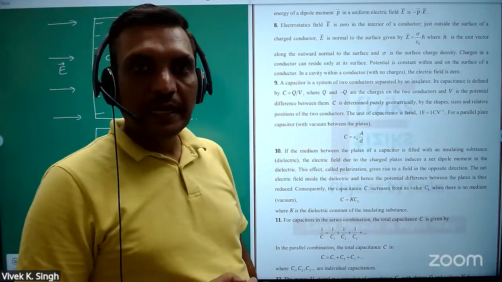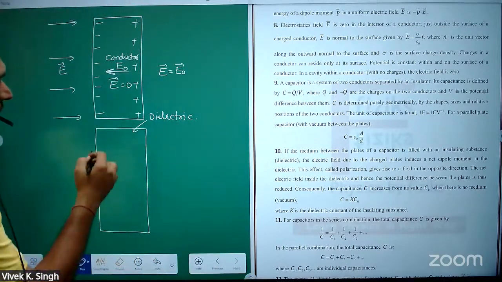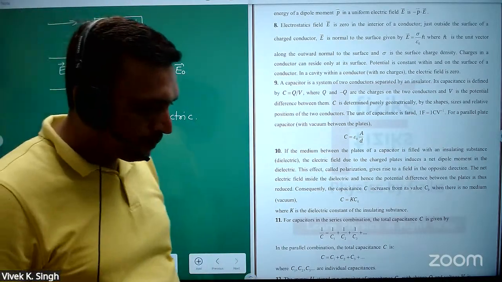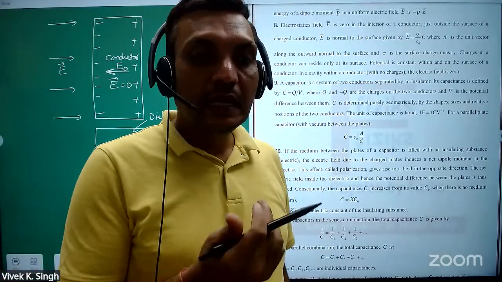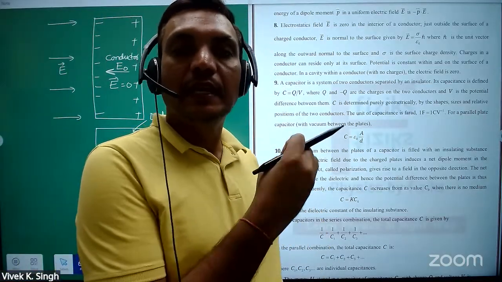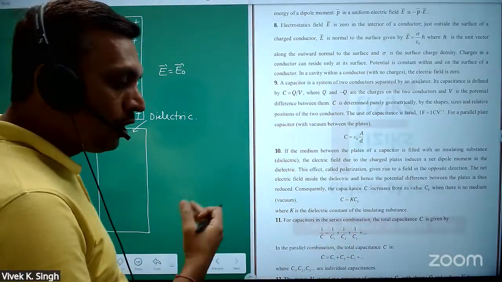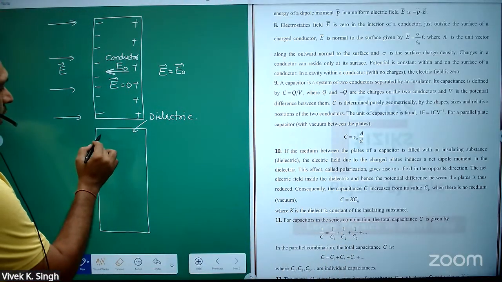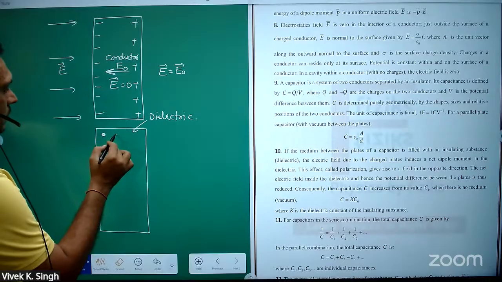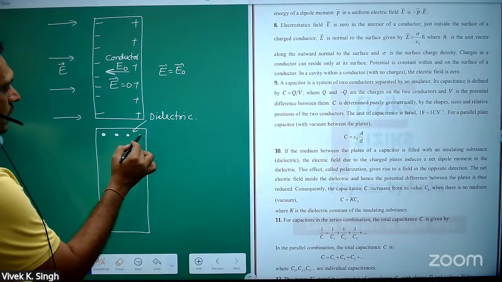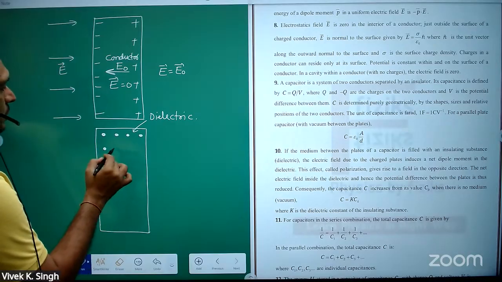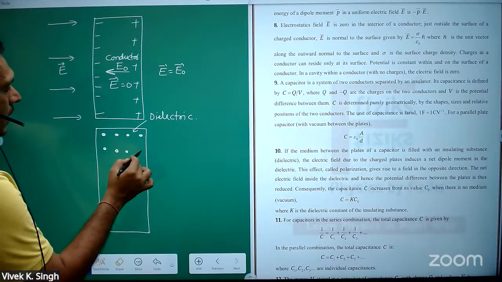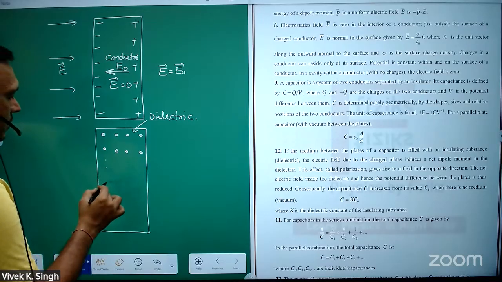So what is a dielectric material? Again, there are regular arrangements of atoms, but in this case, electrons are tightly attached to their nucleus. They are not free to move. These are the regular arrangements of atoms and the electrons are tightly attached.